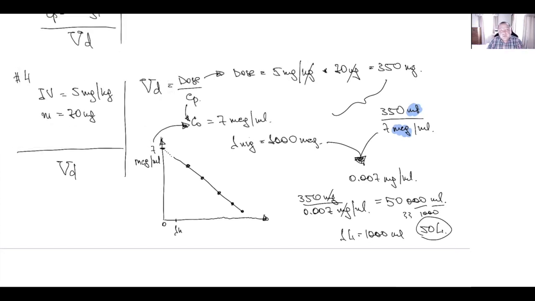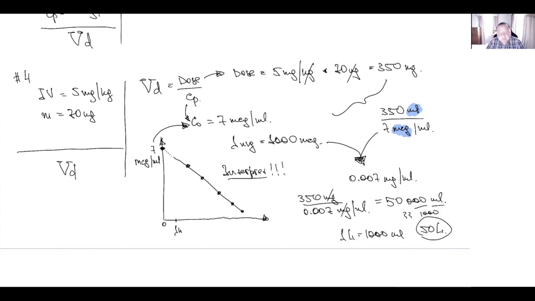So here we have a little bit more things to do in order to calculate, and sometimes you will be asked to interpret graphs. And here you have found 0 time plasma concentration and actually calculated volume of distribution.